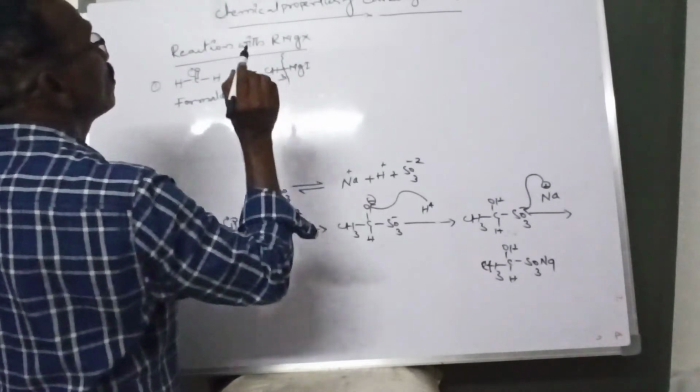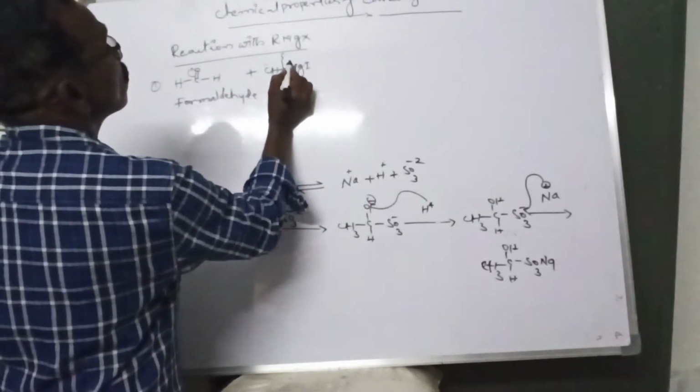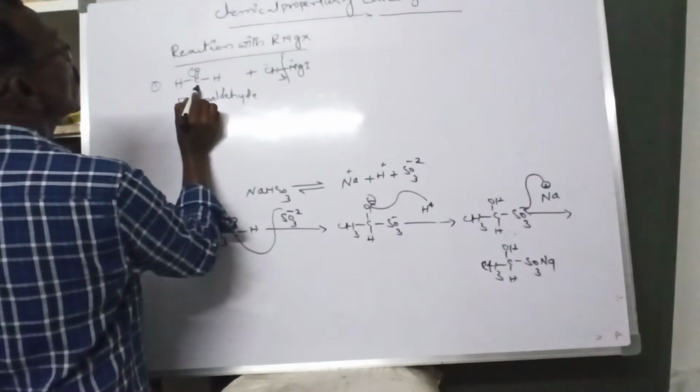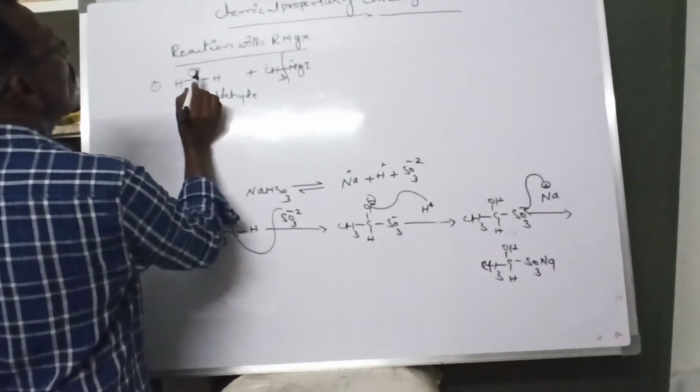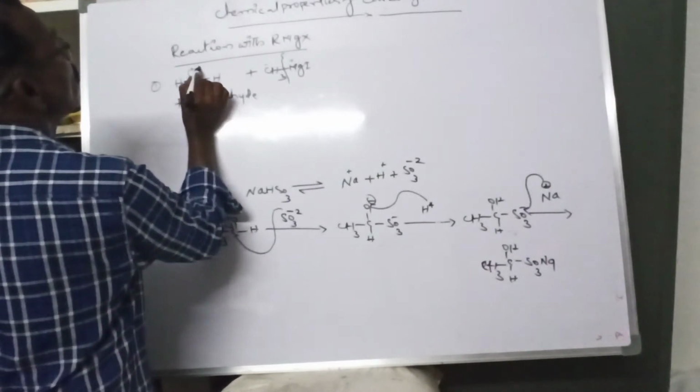Between the carbon and magnesium bond also, polarization takes place. Here this carbon has a negative charge and magnesium has a positive charge, so positive and negative charged atoms are formed.